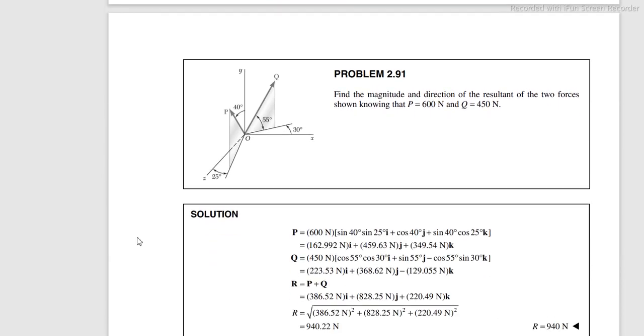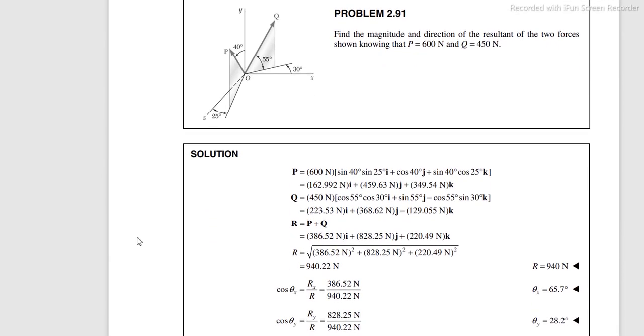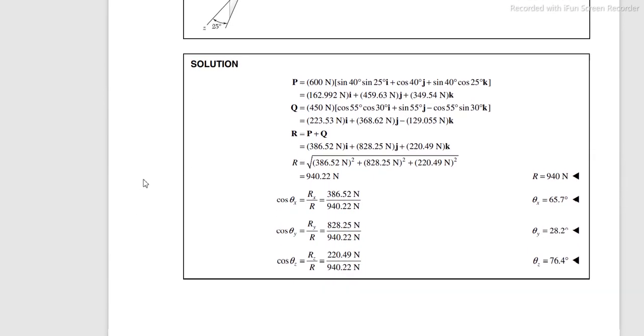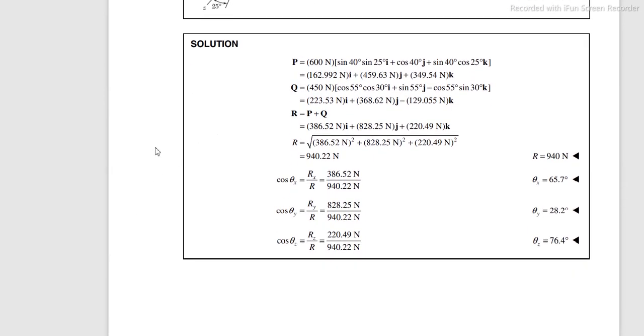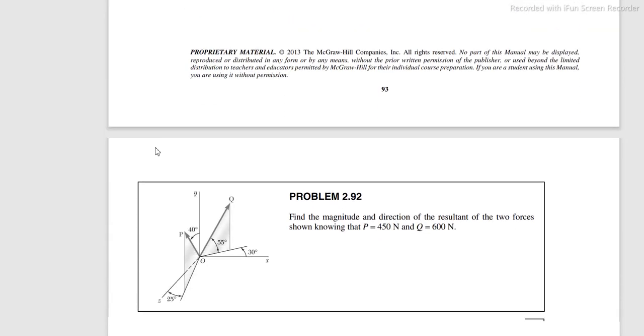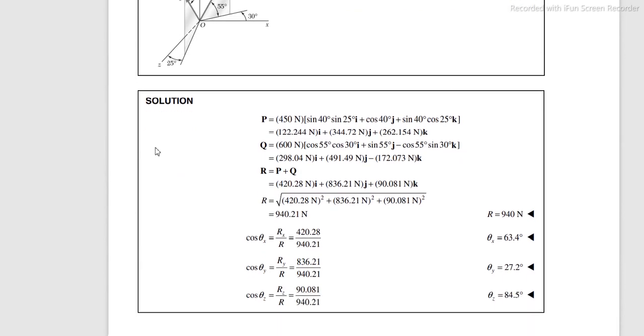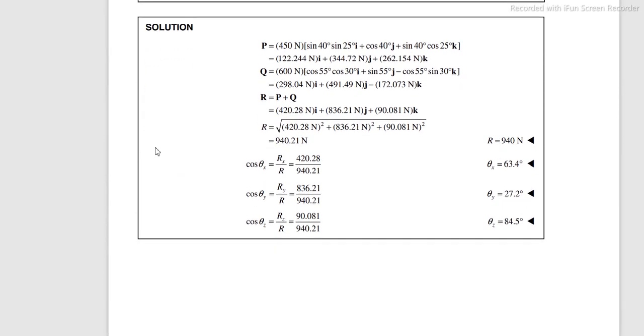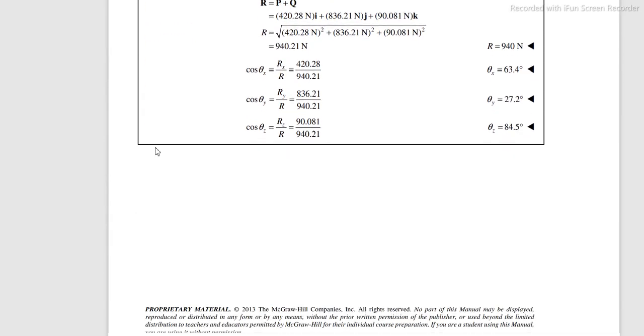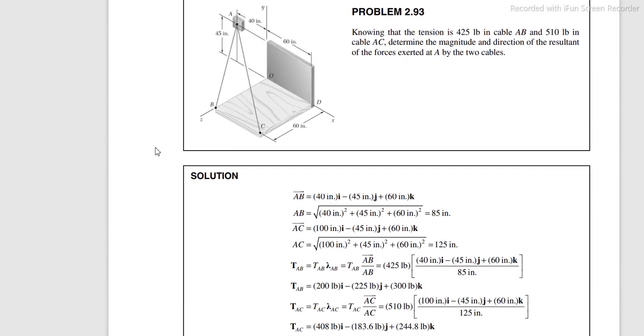Problem 2.91. And the solution is here. Problem 2.92. 2.93.